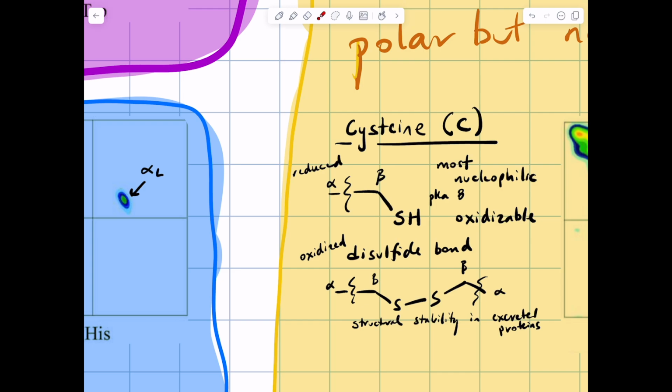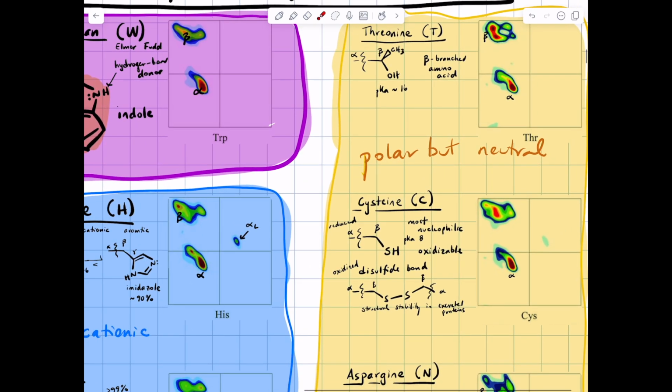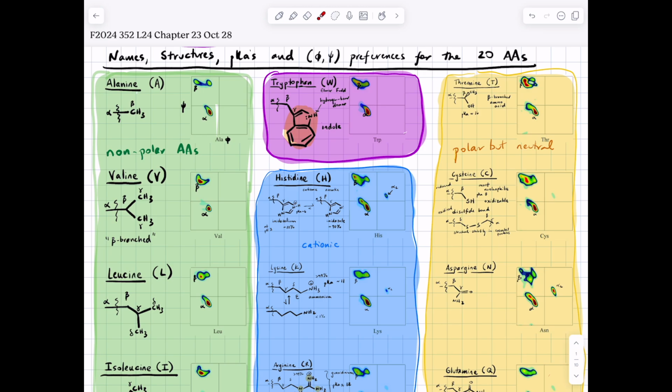The ER, the Golgi, and lysosomes, those are all oxidizing environments. Extracellular environment is oxidizing, so extracellular proteins or proteins that are in the ER or the Golgi tend to have a lot of disulfide bonds. And a lot of what goes on in the ER is related to formation of correct disulfide bonds. All right, so you're going to have to go with that.